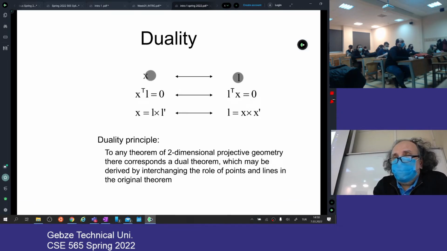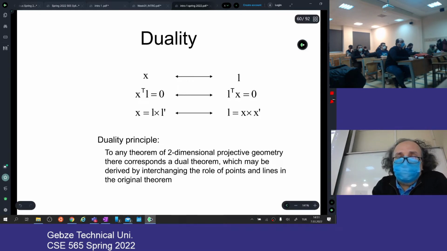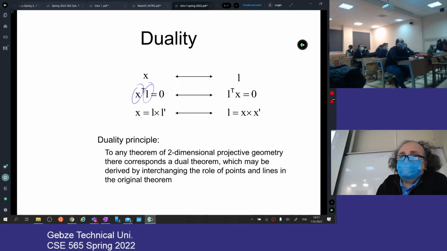X and L, doesn't matter. So both of them are three-dimensional vectors, and if I do the dot product between two three-dimensional vectors, I get a 0. I mean, X could have been a line, L could have been a point. So what is the difference between them? There is nothing. So this is called the duality principle.